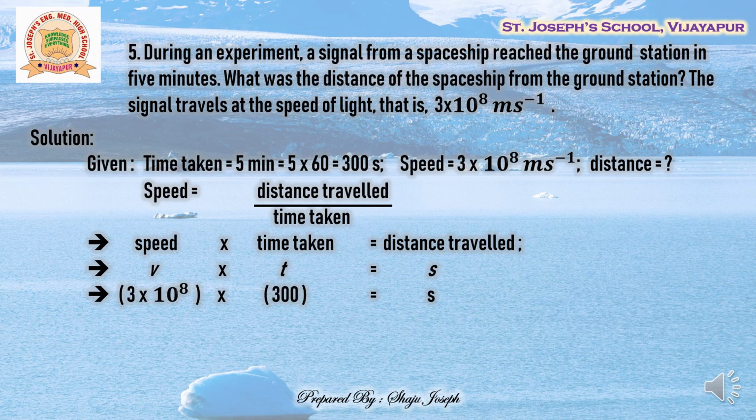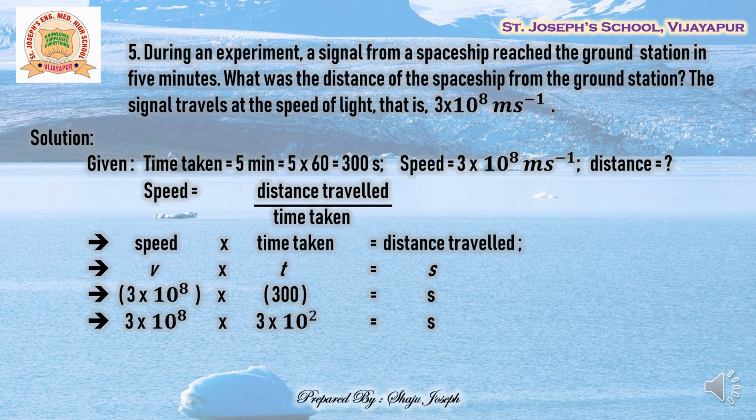So I am substituting the values here. v is 3 into 10 to the power 8, into time taken 300, in seconds. I have converted them to meter per second and seconds. Multiplying both, we will get the distance. 300 can be written as 3 into 10 square, so that the indices can be added up easily.